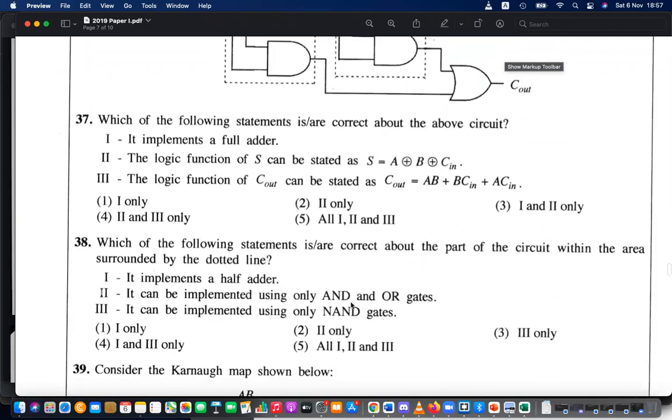So 1 and 3 means the fourth one is correct. The NOT gate can be implemented using AND, OR gates and NOT gates. If all three are there, that is correct. Otherwise, it's incorrect. So it is 1 and 3 only. We call NAND gates universal gates, because anything can be implemented using NAND gates.